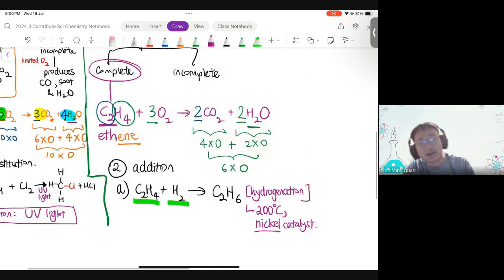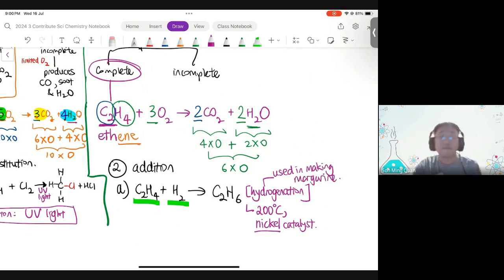Hydrogenation is used in making margarine from vegetable oil. So the margarine that's spread onto the bread is made from vegetable oil, but vegetable oil is a liquid. So to solidify the vegetable oil, we actually perform hydrogenation, which is addition of hydrogen across the double bond.